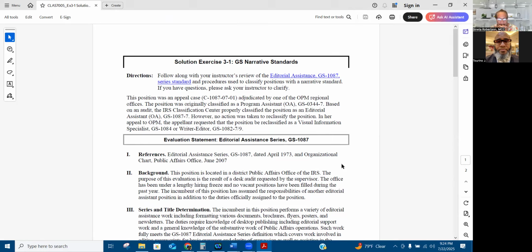I trained for a whole year in recruitment and placement, and then they took us out of recruitment and placement because they didn't have any spots for us, and so they put people in other departments, and I got put in the classifications department. But I had a whole year of training in recruitment and placement.